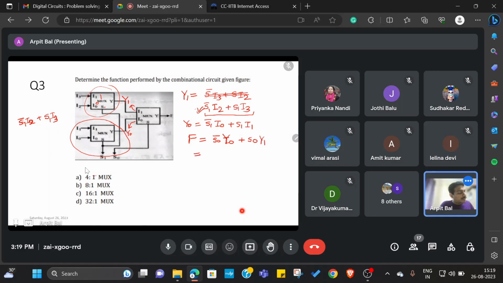Now we just need to replace Y0 and Y1 in this equation.